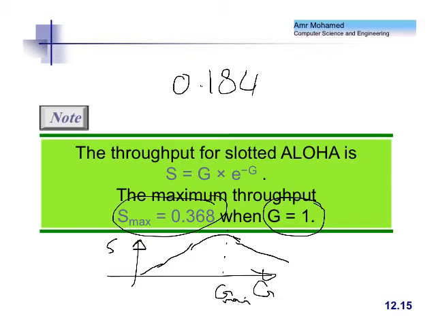This was the maximum, and it was at G equal 1/2. Here, the maximum is 36.8%, and it happens when the system is fully loaded. It happens if I'm trying to send collectively from all the stations the exact same amount of bits that the channel can carry per second.